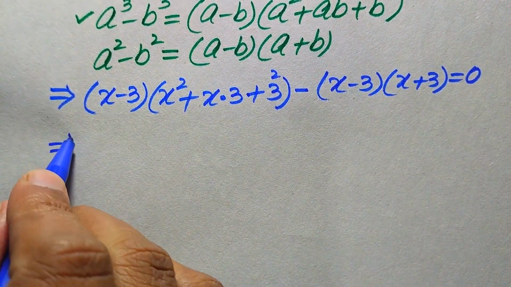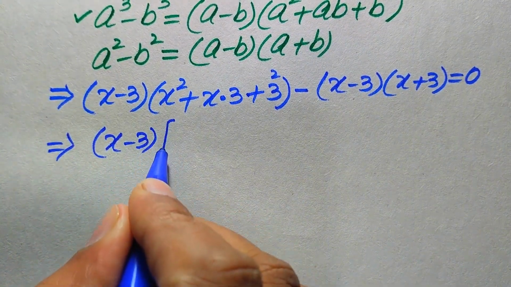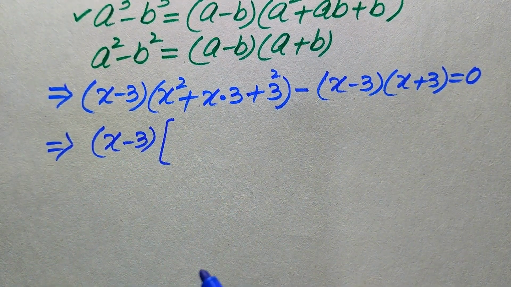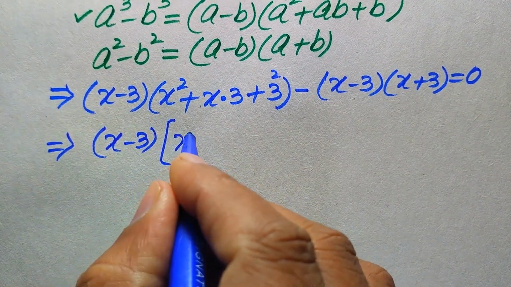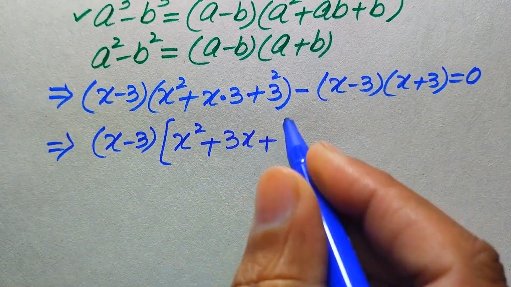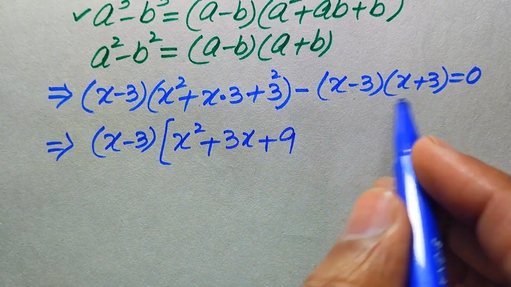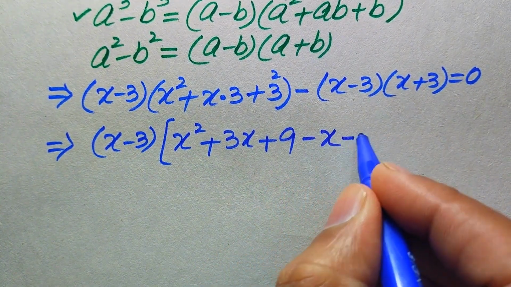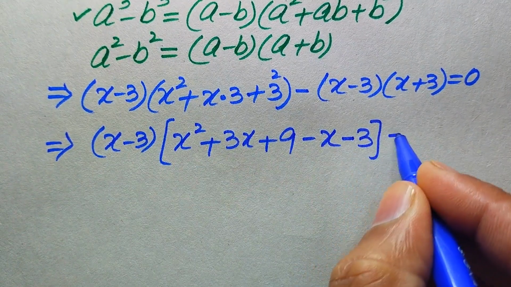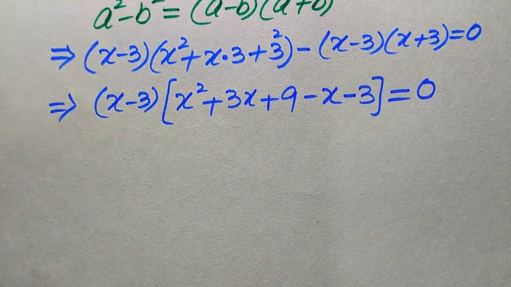Further in the next step you see both of these two terms involve x minus 3, so we take common x minus 3 from here, and we get the remaining values: from here we get x squared plus, from here we get 3x plus this 3 squared becomes 9, and we multiply this negative sign on both of these two terms, and it will be written as minus x minus 3, and this whole equation is equal to 0.